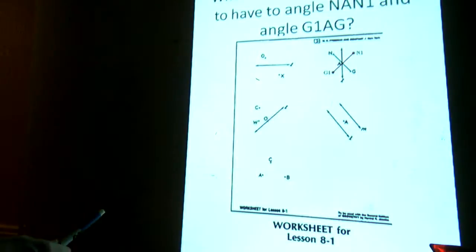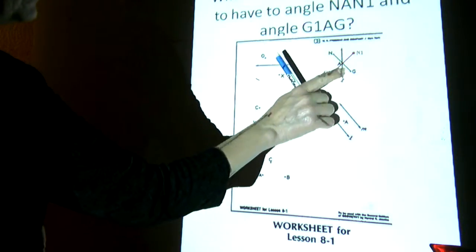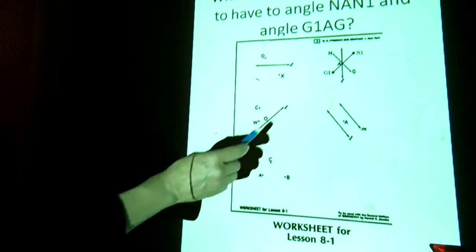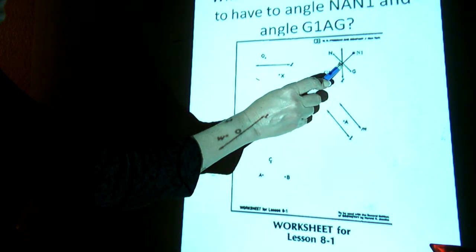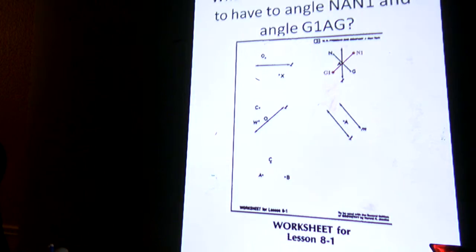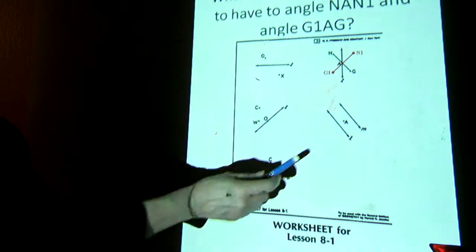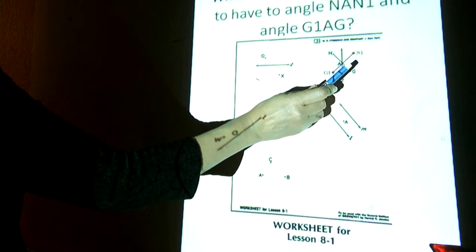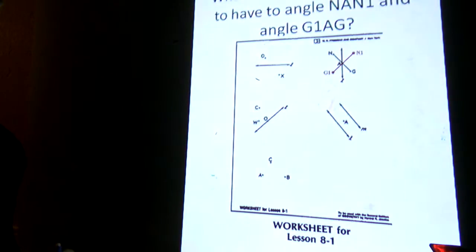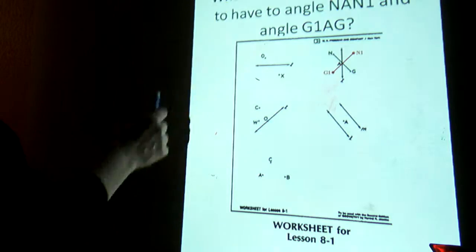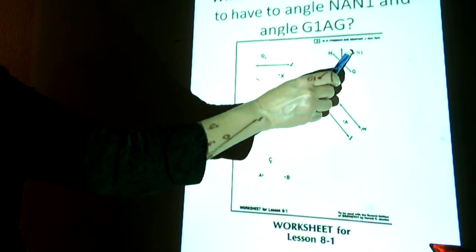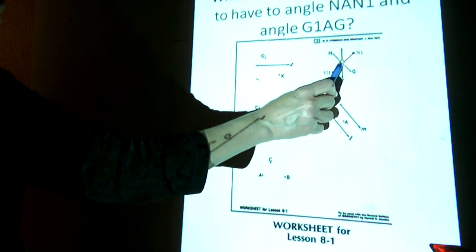So what relation does L, this is L, the line, appear to have to angle NAN1 and angle G1, A1 and G? What relation does the line seem to have to these angles, this angle here and this angle here?